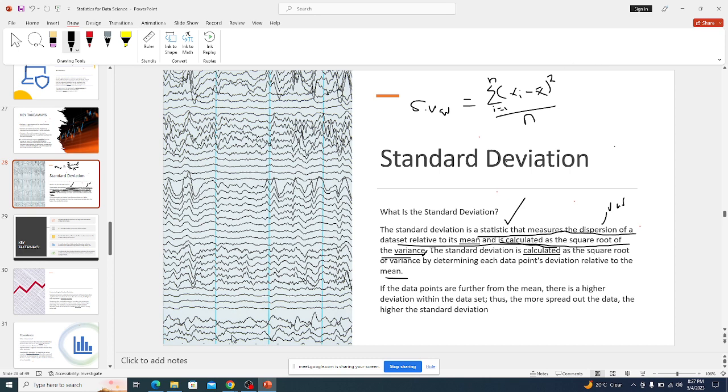Okay, and we are talking about the standard deviation. So we are saying that it is calculated as the square root of variance by determining each data point's deviation. You can see this one shows us the difference.